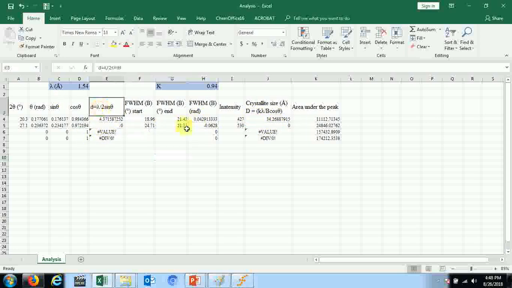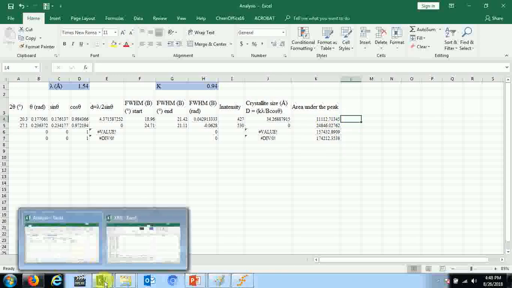From Bragg's law and the Scherrer equation we can calculate D spacing and crystallite size. After calculating the area under the individual peaks, we have to assign which one is crystalline and which one is amorphous.